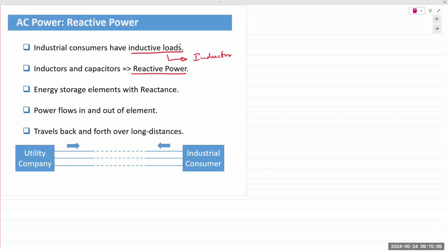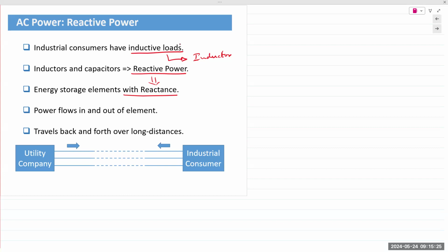So reactive power is only associated with reactance. Reactance is associated with stored energy, and stored energy is only possible in inductors and capacitors, not in resistors. Okay.